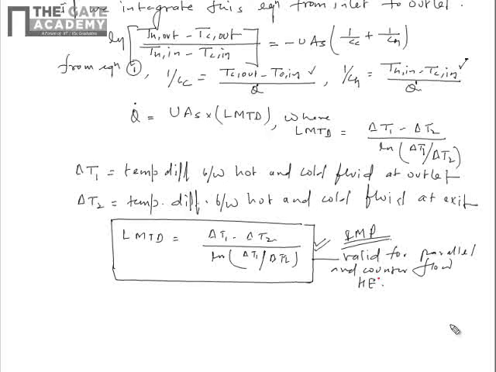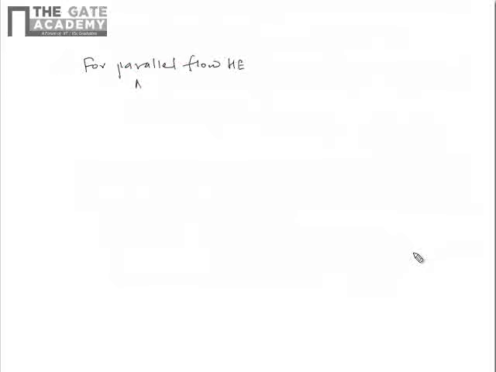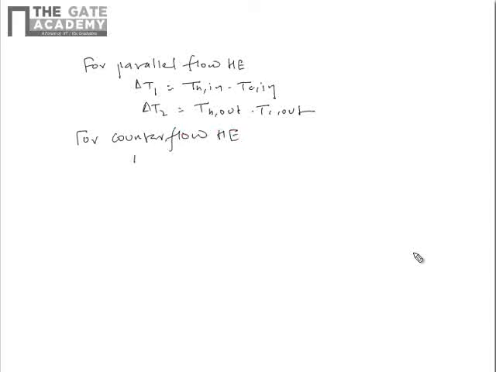Okay, so for parallel flow heat exchanger, delta T1 is equal to Th in minus Tc in, and delta T2 is Th out minus Tc out. And for counterflow heat exchanger, delta T1 is equal to Th in minus Tc out, and delta T2 is equal to Th out minus Tc in.